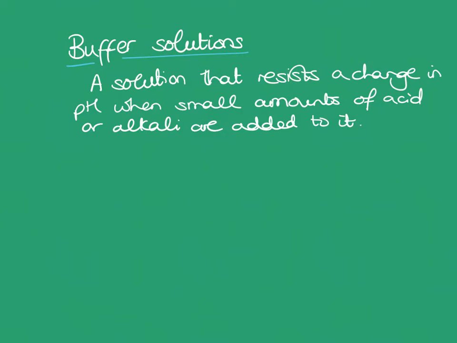We actually make buffer solutions in the lab in two ways. But a buffer solution contains two substances. It contains a weak acid and it contains the salt of that weak acid.